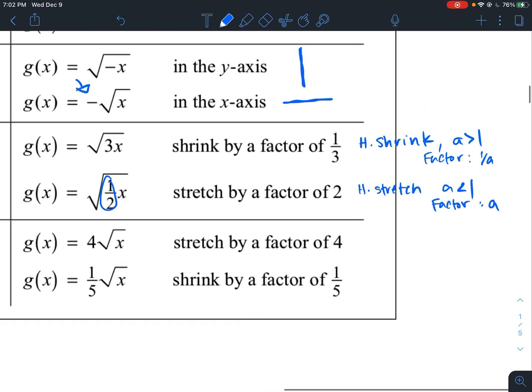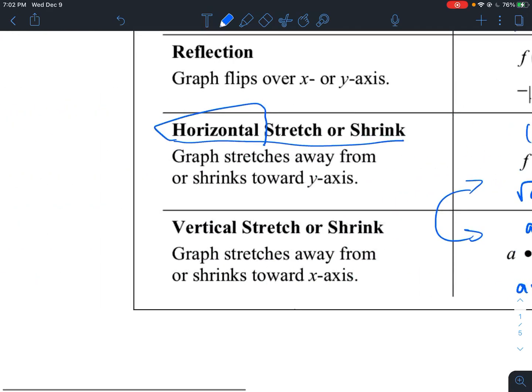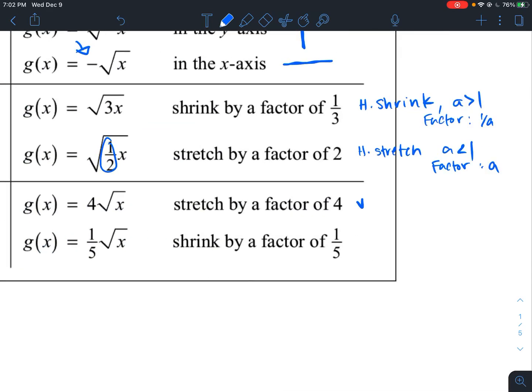Now, that's the opposite with vertical. So vertical stretches or shrinks. A vertical stretch is when a is greater than 1, and it's by a factor of a.